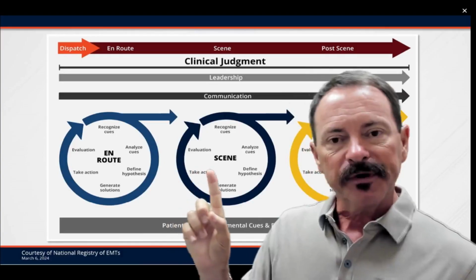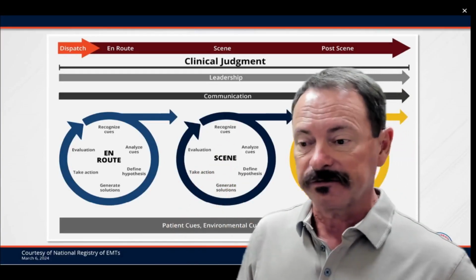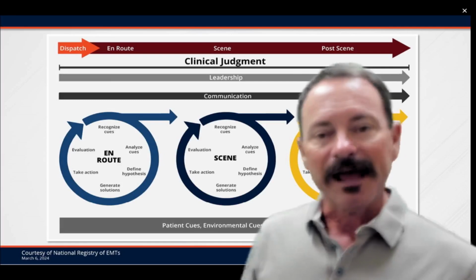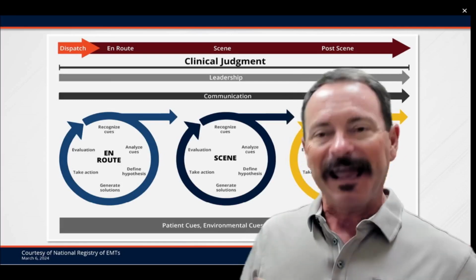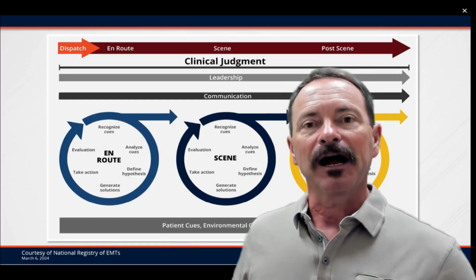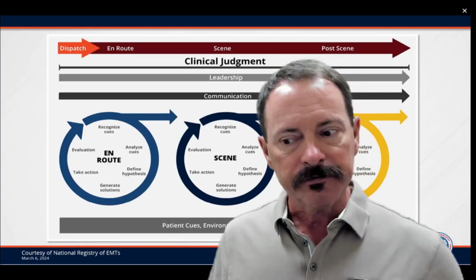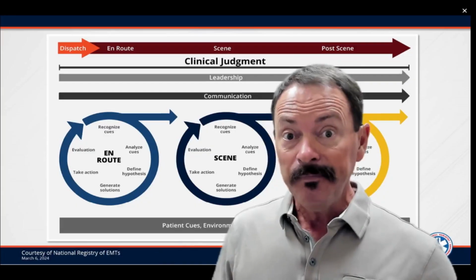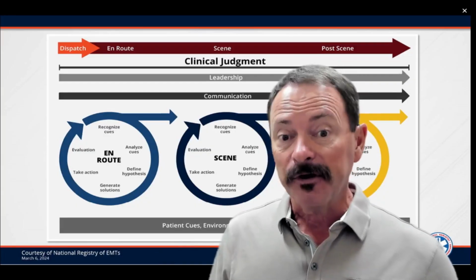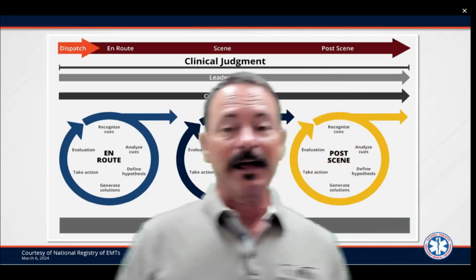Now, the other thing would be on the scene once we get to that group of questions. So we need to recognize our cues. We need to analyze the cues, then define our hypothesis, generate solutions, take action, and then our evaluation again. So we're right back into that circle.